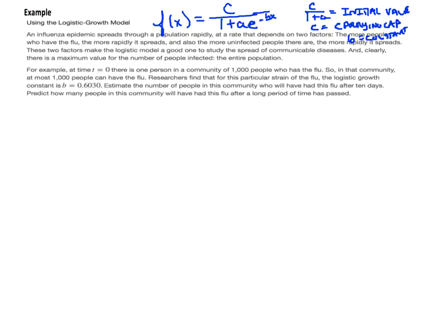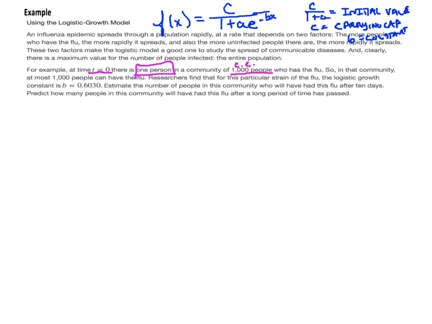We're told that at a t of 0, so at time 0, in some particular community of 1,000 people, so there's your carrying capacity right there, 1 person has the flu. So in that community, at most 1,000 people can have the flu because that's the size of the community.